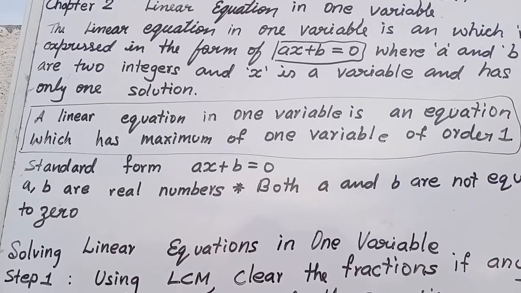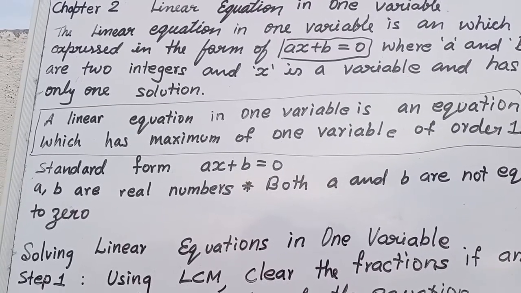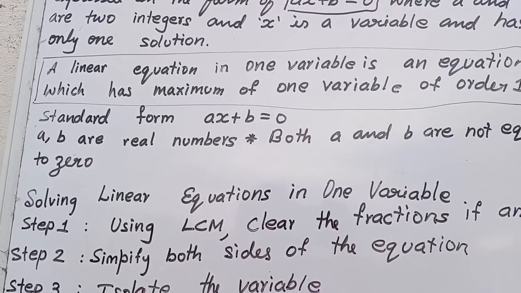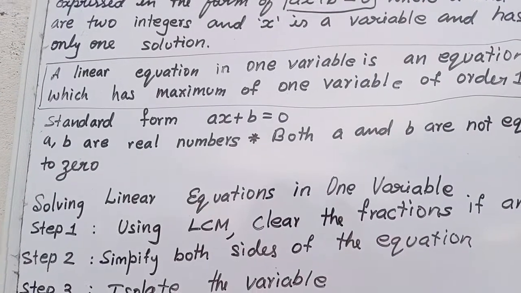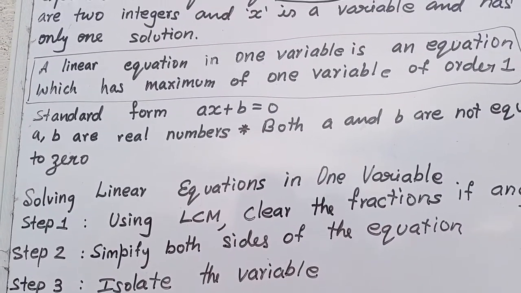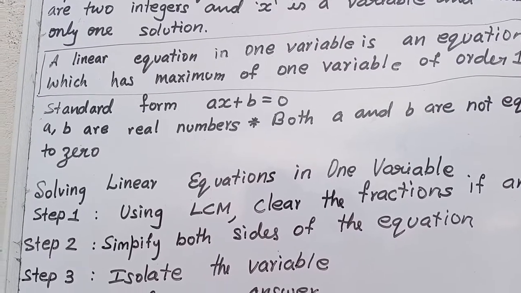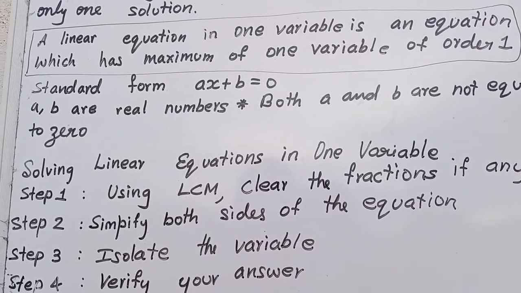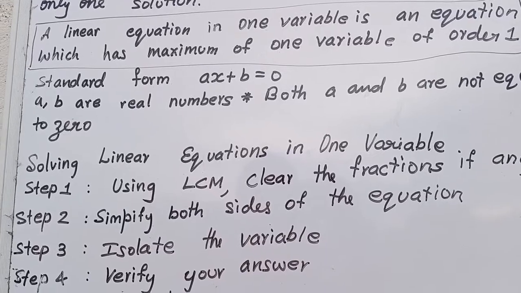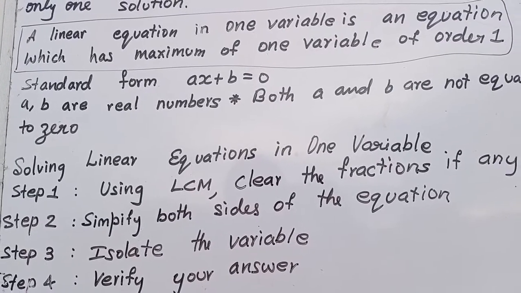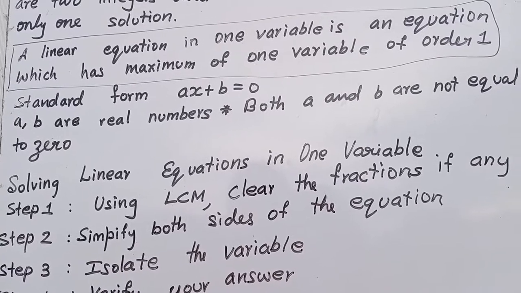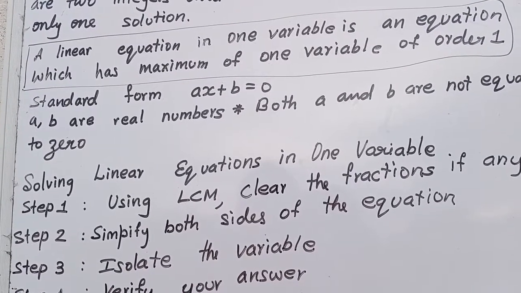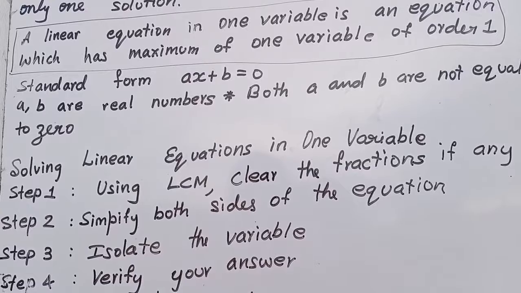Otherwise, we can go for simplifying both the sides of the equation. Then, as I mentioned earlier, we have to isolate the variable, and then we have to verify our answer. Whatever answer you get, cross check it. You can become a teacher for yourself and see whether you have done it correct or wrong.